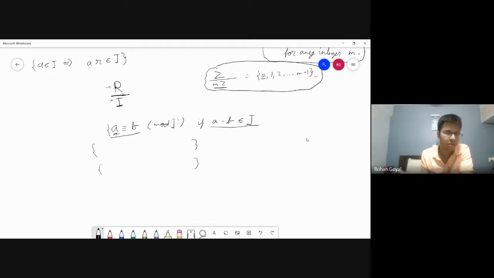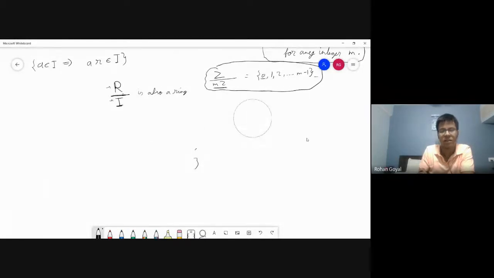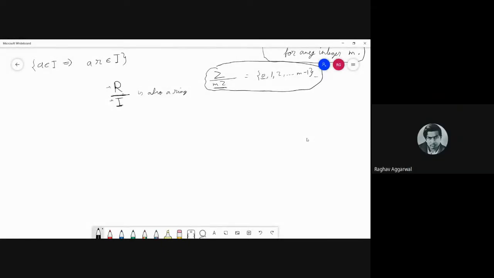Yes. Okay. So can you prove that R by I is also a ring, for any ring R and any ideal I? I didn't get what R by I is.